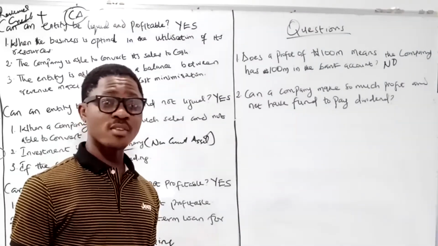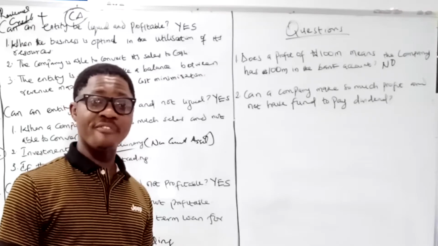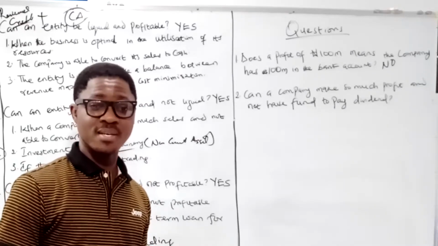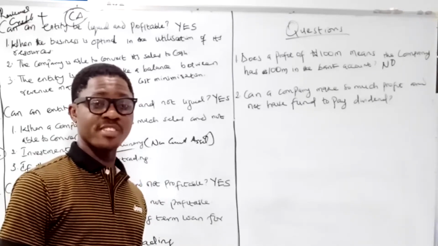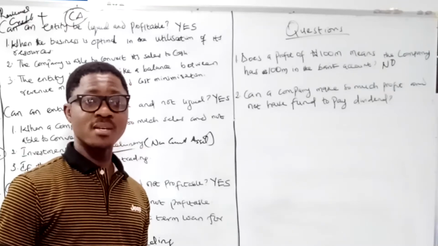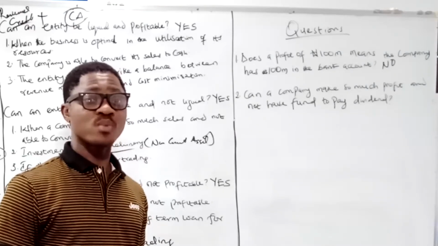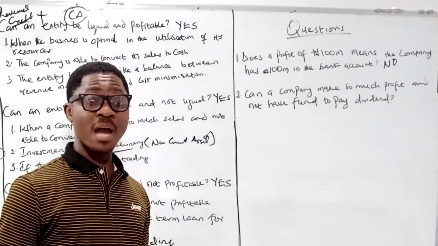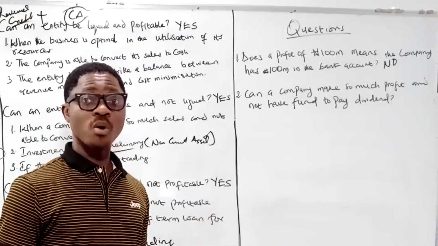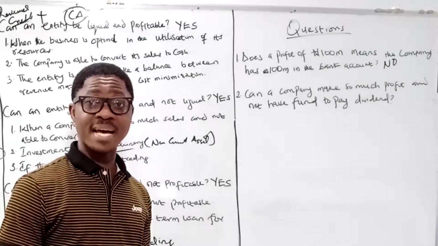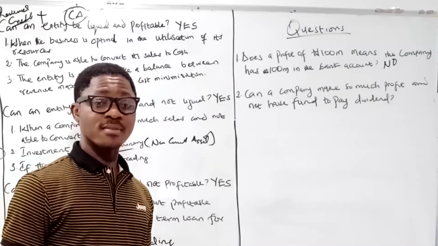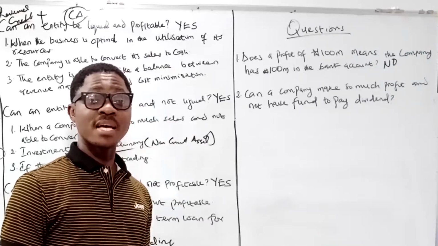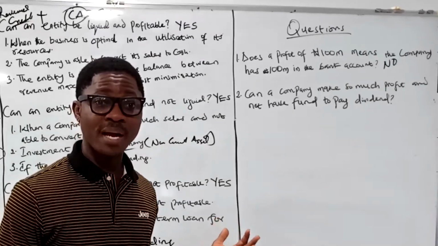A conversation came up between a finance and a non-finance manager. The finance professional told the non-finance professional that, man, we did well in the last quarter. We made a profit of about 17 million. Wow. The non-finance professional was thrilled, amazed at the information, only to ask, does that mean we have 17 million in our bank account?